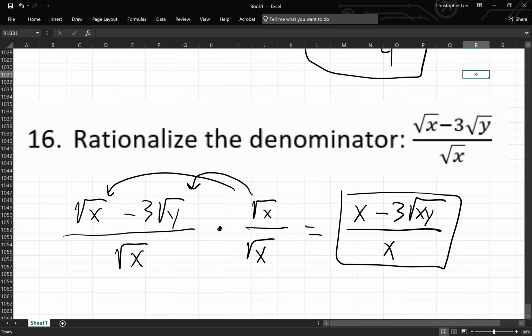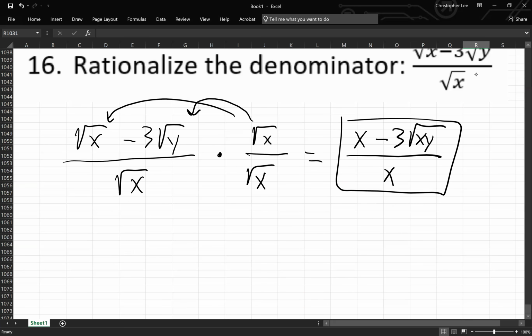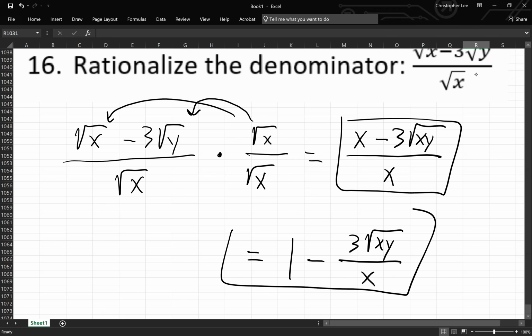I could make it one, blah, blah, blah. Your answer would look like this if you did that. It would be 1 minus 3 square root xy over x. Same thing. The first one I think is easier though.